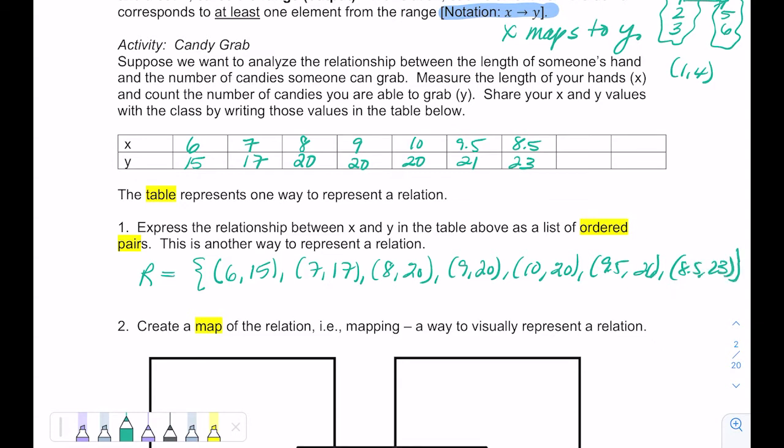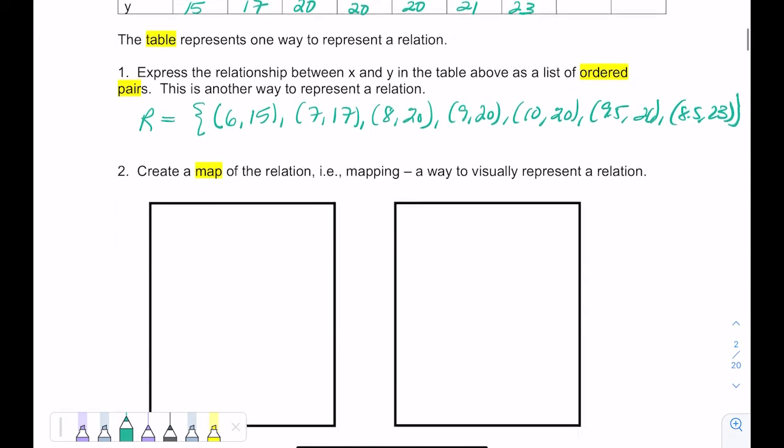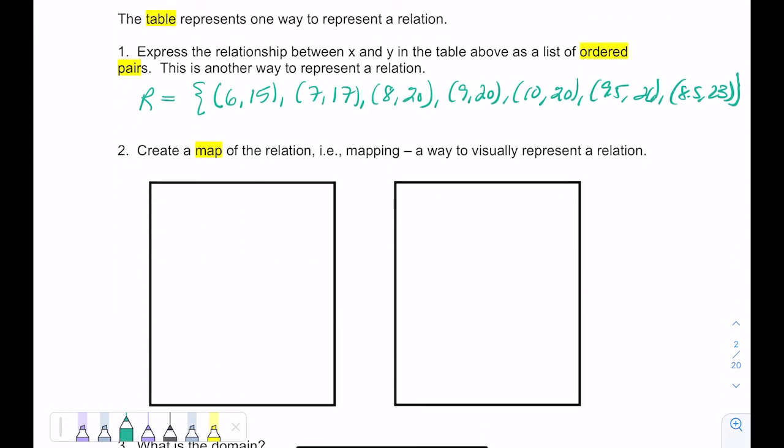So there's my relation. Another way we can represent it is by mapping. So I could take the X's and the Y's and map them as I drew earlier. So you would list the X's, which would be 6, 7, 8, 9, 10, 9.5, and 8.5. And the Y's, 15, 17, 20. You don't have to write any repeats.